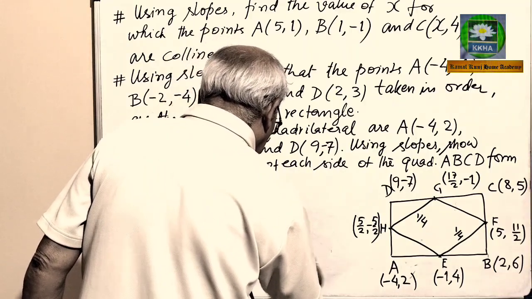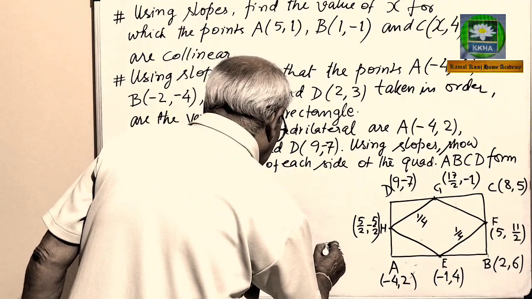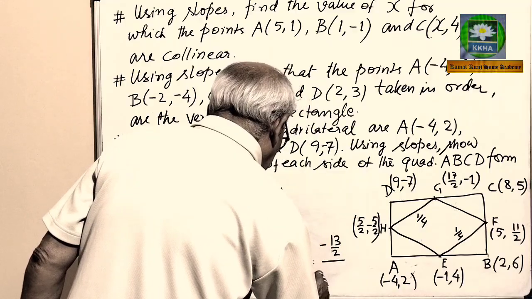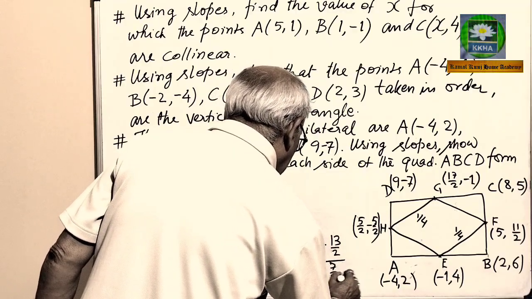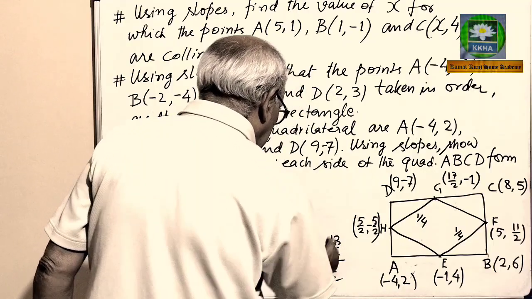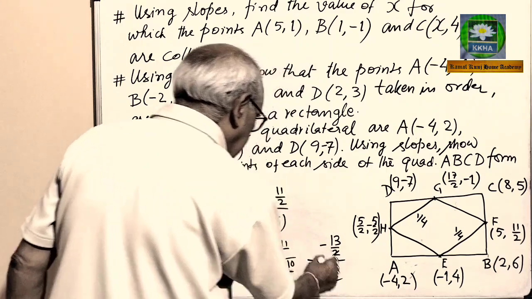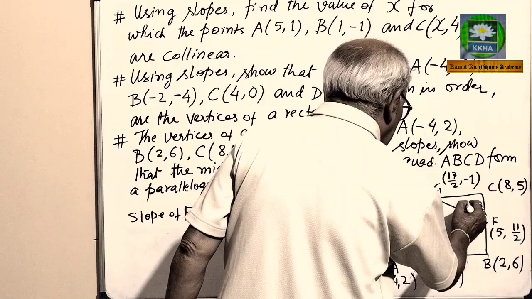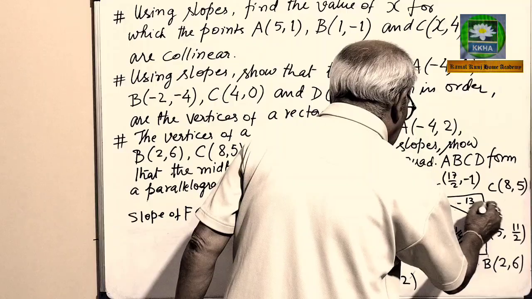So equal to minus 13 upon 2 divided by 7 upon 2. We cancel out the 2, so it will be minus 13 upon 7. So slope of this line segment is minus 13 upon 7.